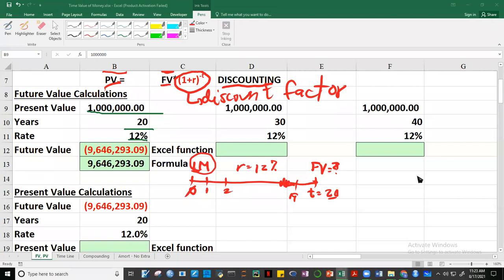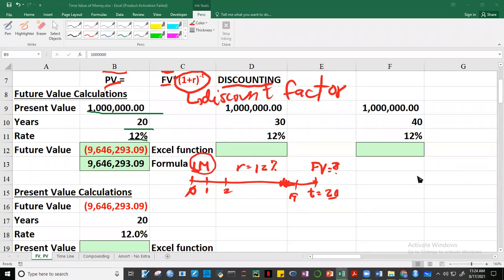It's positive, which means, guys, ibig sabihin yan, inflow. Papasok yung pera. So we can look at it as perhaps a loan. Pwede tayo nag-loan ng 1 million. Kunyari may bibilhin tayo, nag-loan tayo. So ito yung pumasok na pera sa atin, 1 million. And then 20 years down the road, ang sinasabi sa atin ni Excel, it's a negative, which means it's an outflow.